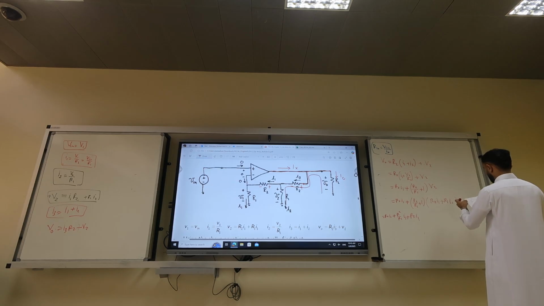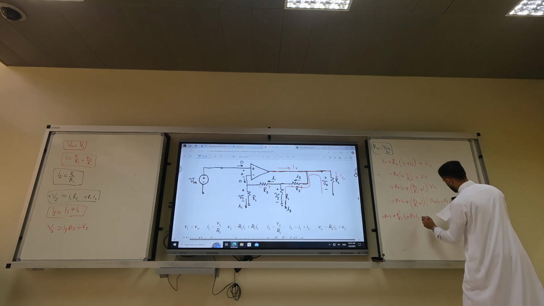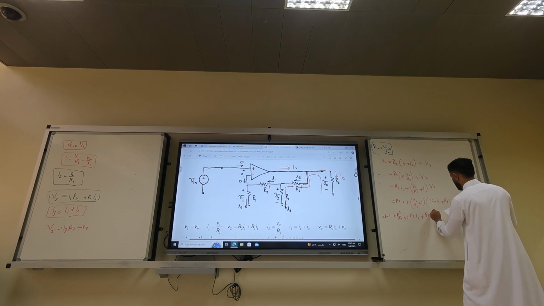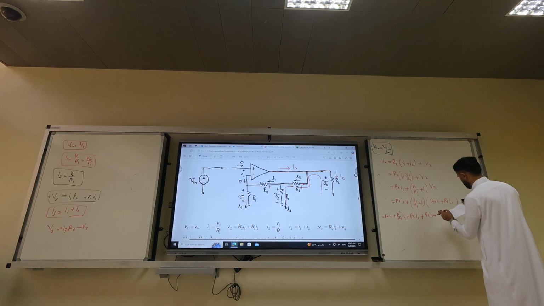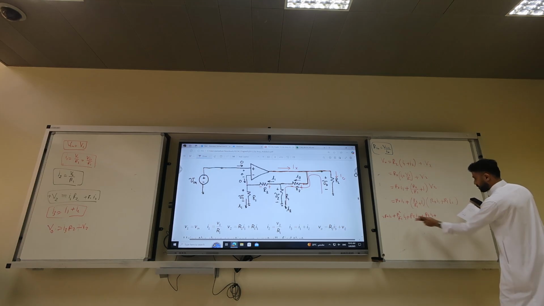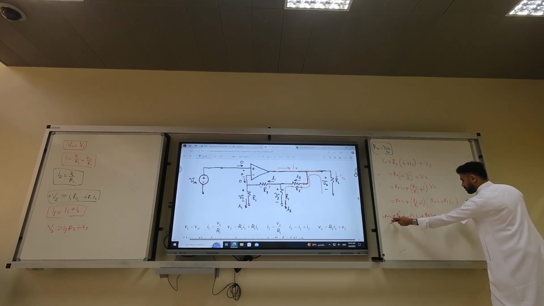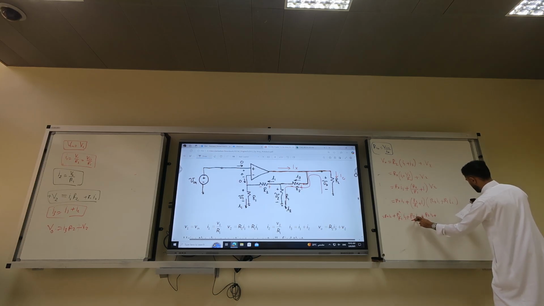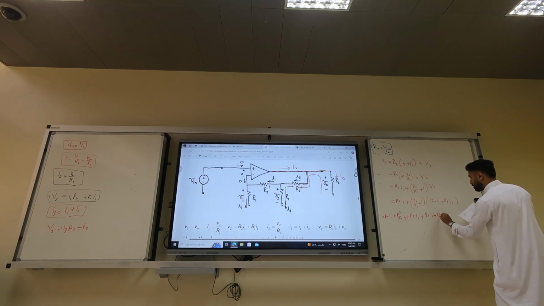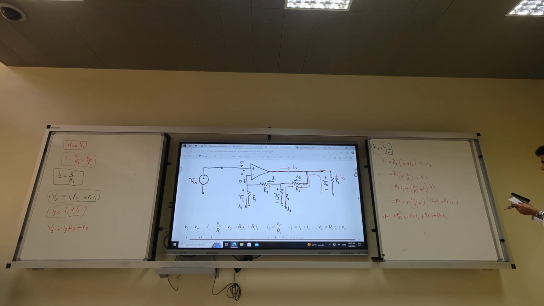Then we have plus R2 I1, R2 squared over R1 I1 plus R2 I1 plus R2 I1 plus R1 I1. You all agree with me?